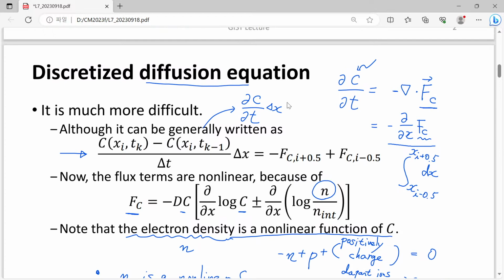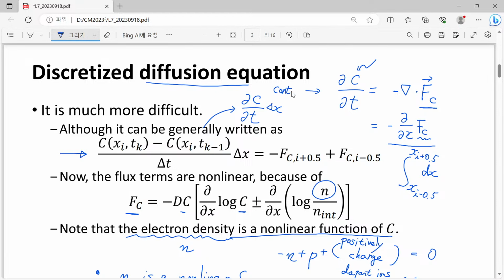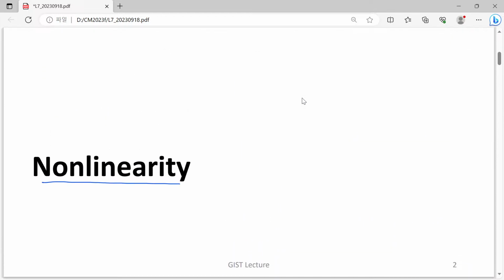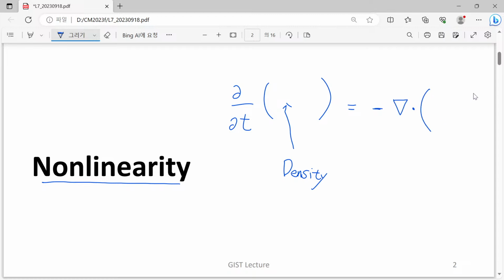You are right, yes. This is just a continuity equation. There can be many different continuity equations. Just to write it down, the continuity equation in its general form is given by this one. There is a certain scalar quantity, usually a density, and this density is balanced by minus the divergence of a certain vector field.